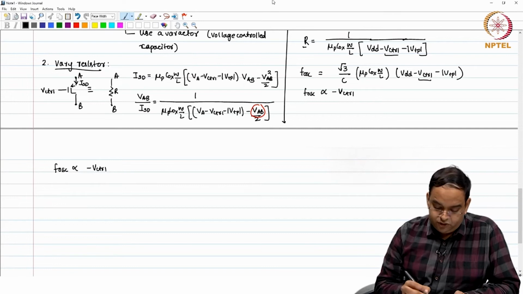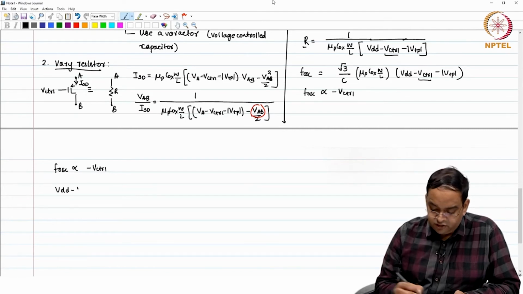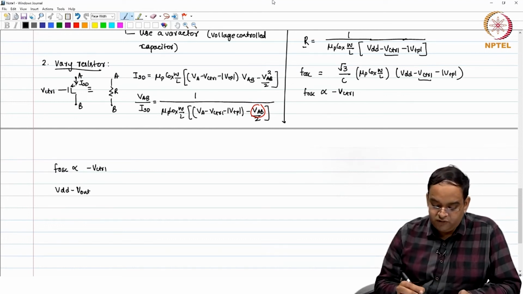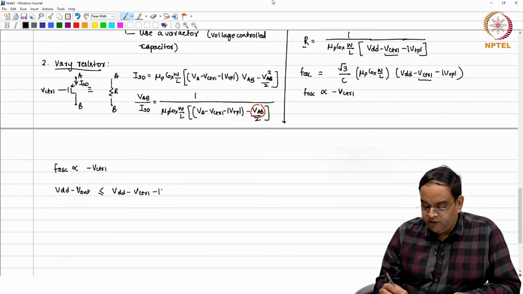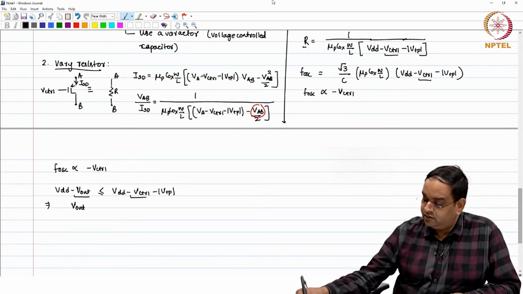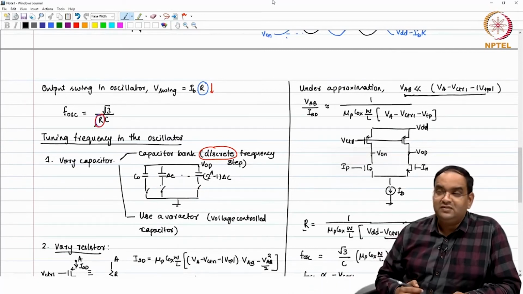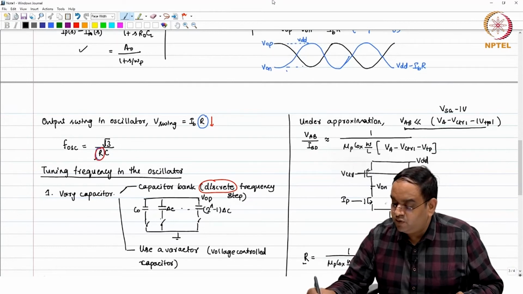Okay. The other thing is you have a limit, and the limit says that VSD, which is VDD minus V out, whatever the output potential, whether this is VOP or VON, is less than or equal to, for linear region, VSG minus mod VTP, which is V control minus mod VTP.